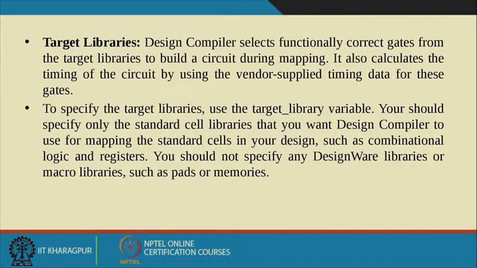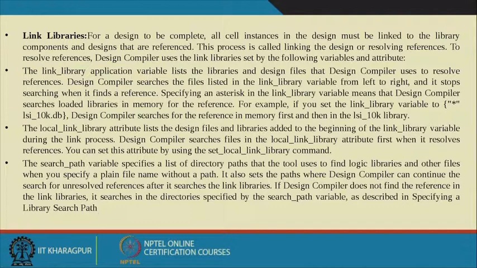After implementing, I cannot fabricate it using UMC; I have to fabricate with the TSMC foundry itself. Using the target underscore library variable we can specify the target library in the design compiler.